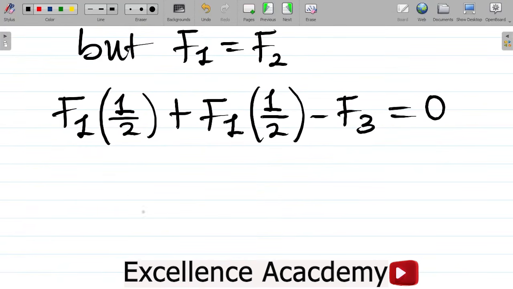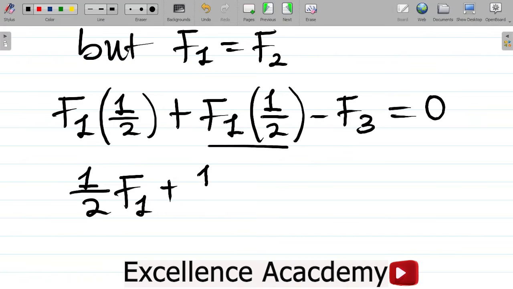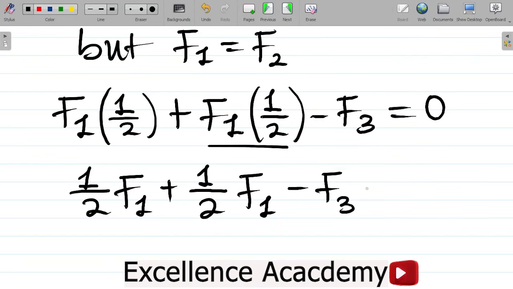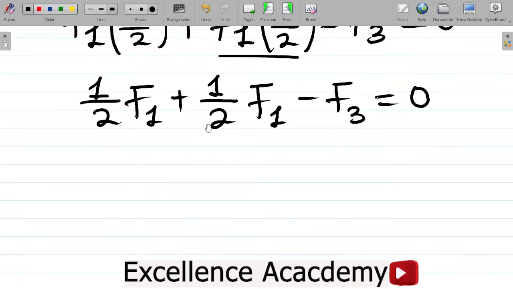If I work on this, F1 times half gives you half of F1, plus the next one, F1 times half gives you another half of F1, minus F3 is equal to 0. Of course, half plus half gives you 1. So half F1 plus half F1 gives you 1 times F1, which is the same thing as F1.